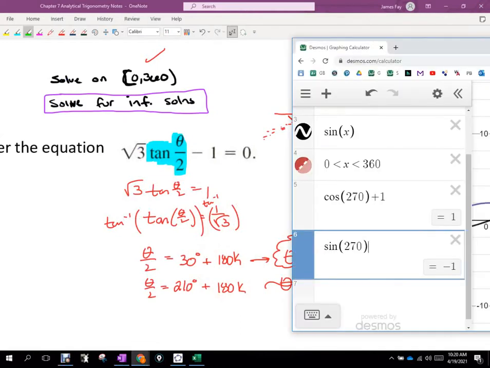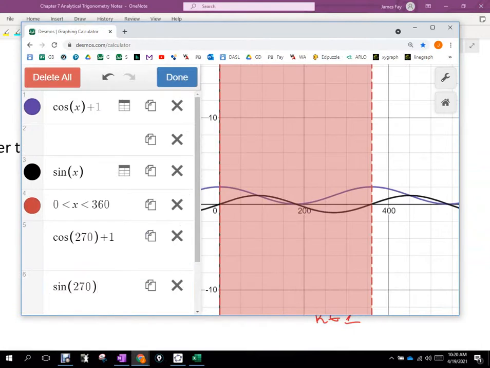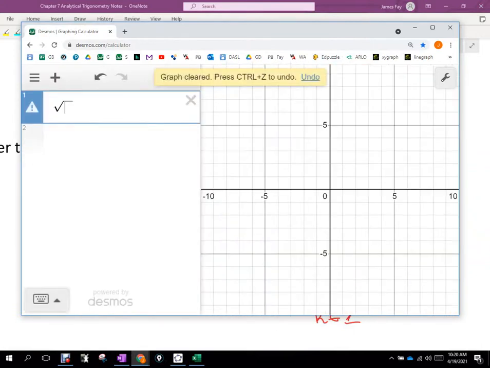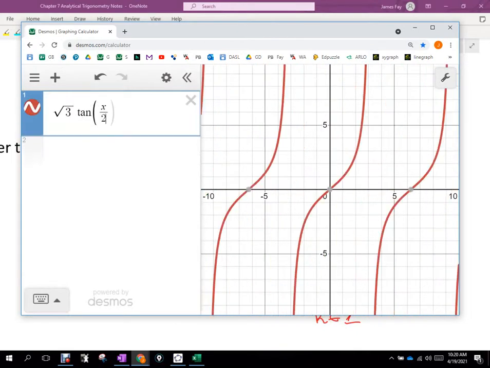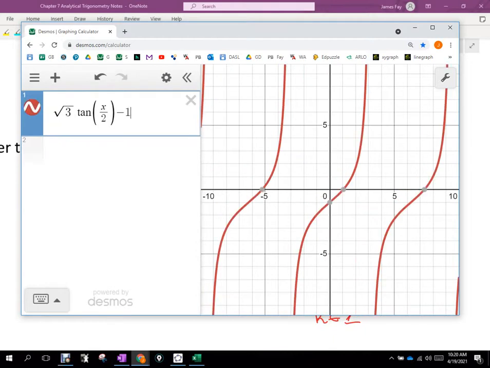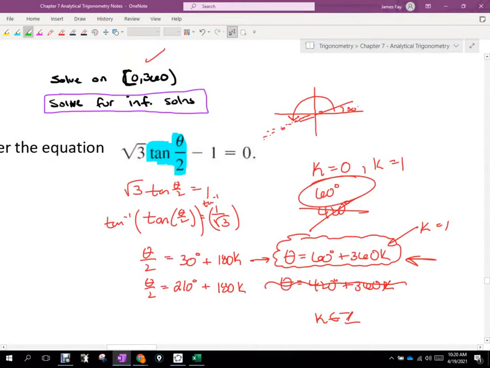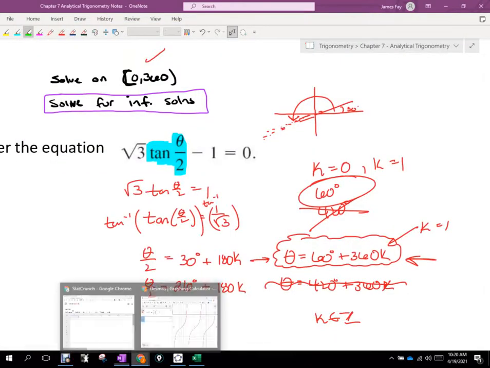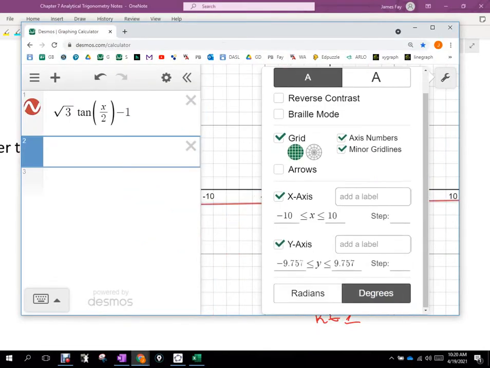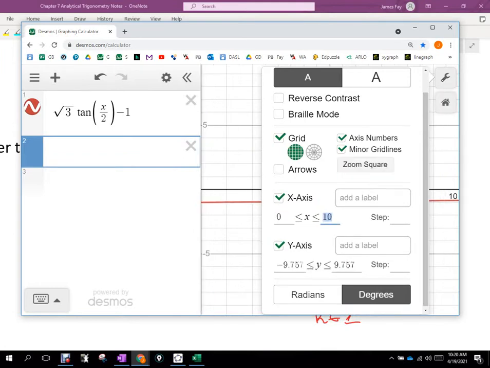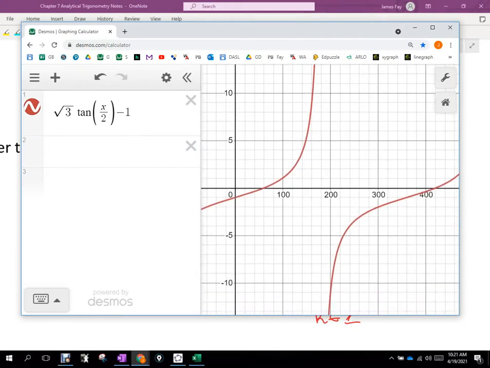If we go to Desmos, type in square root of 3 tangent of x over 2 minus 1. Now we'll do this in degrees, and set this up to look at just 0 to 360, but 400 just to get a little bit more visual.